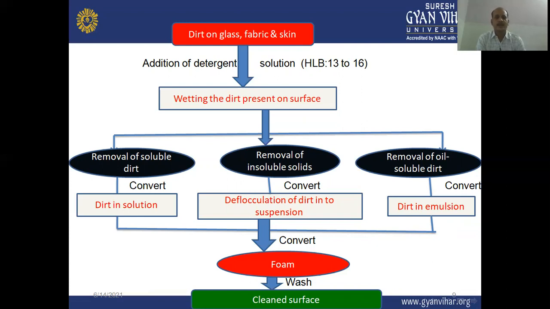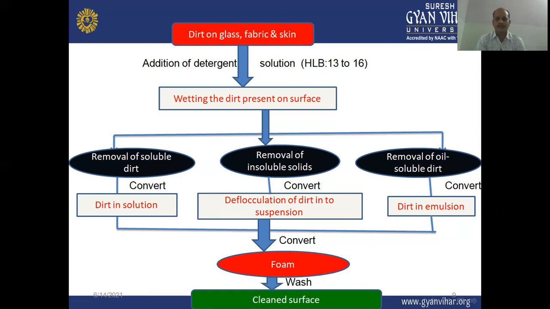If the dirt is insoluble solids, first there is deflocculation of the dirt into suspension, then it converts into foam, and when we provide fresh water, it can clean the surface. And if the dirt is oil soluble, first it converts into emulsion form, then into foam, and then when we provide fresh water for cleaning, it can clean the surface.